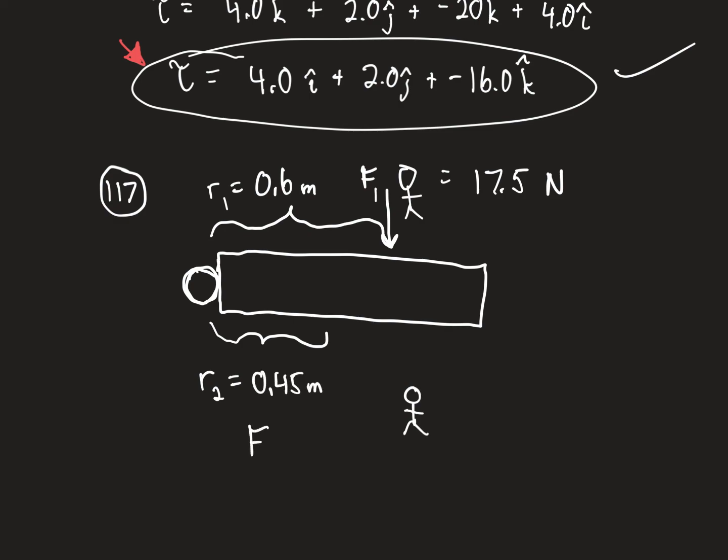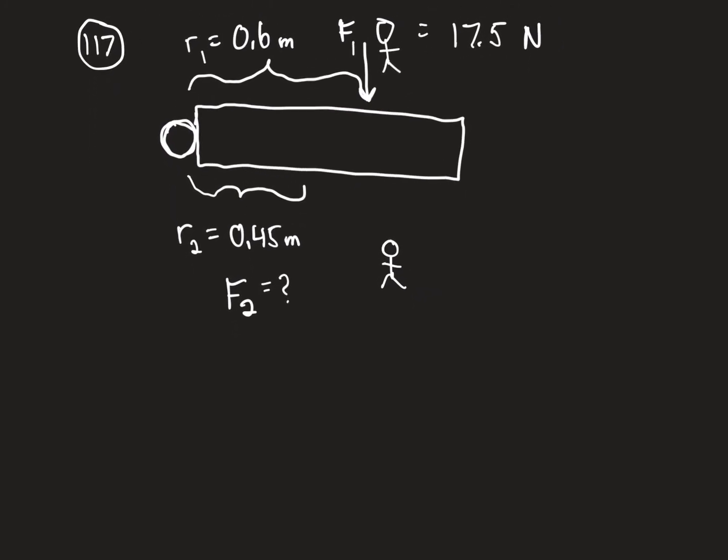And they asked us to find F2. There is a certain amount of torque that you need to open this door. And it's the same no matter what. Torque from kid 1 has to be equal to torque from kid 2 if you want this door to not move.